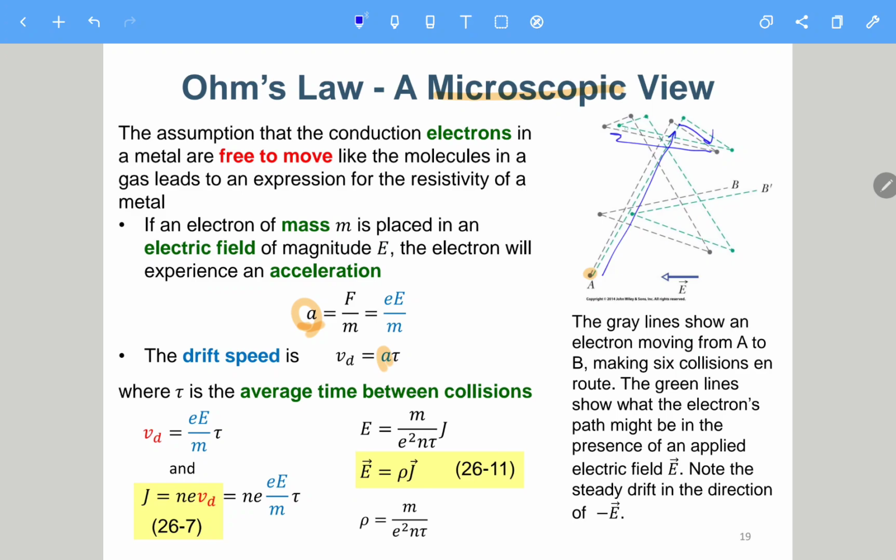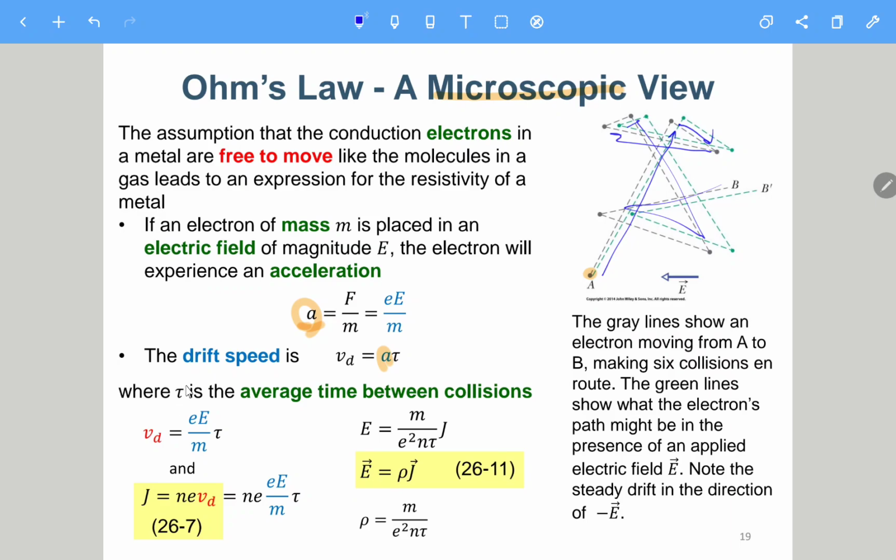So the electron is stopped at the beginning, then accelerates, collides, turns around, accelerates again, and collides, and so on and so forth. So tau is the average time between collisions.